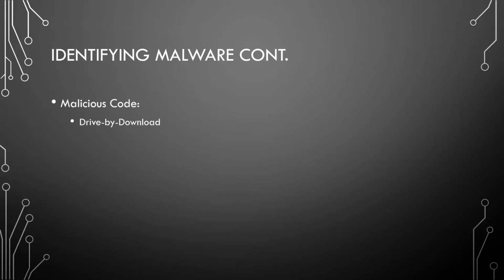Now we want to also define what a drive-by download is, because we're going to refer to this quite often. It's when a person downloads software willingly but without clear knowledge of what they have downloaded. It can also refer to a download that occurs without a person's knowledge as a result of visiting a site or opening an email attachment or clicking a link.